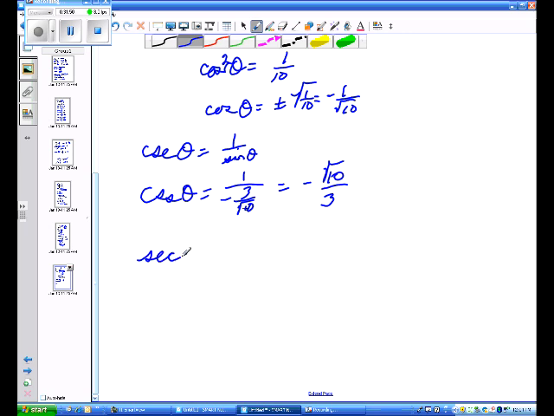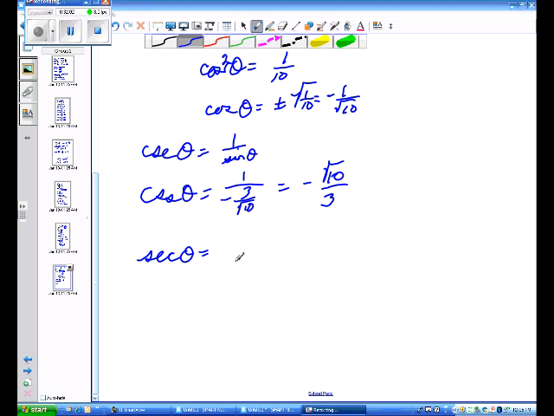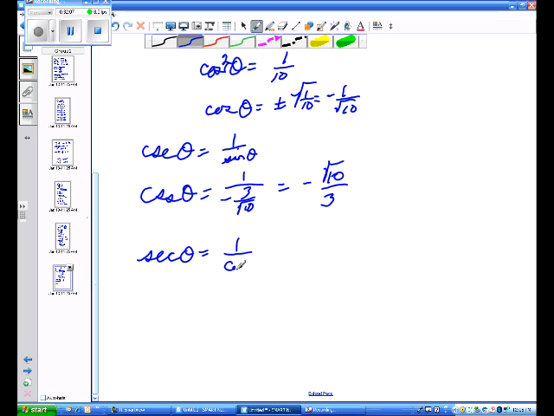If we wanted the secant of theta, the secant of theta is equal to 1 over the cosine. We found that the cosine was negative 1 over the square root of 10. So it would be the reciprocal, negative square root of 10 over 1, which is negative square root of 10.